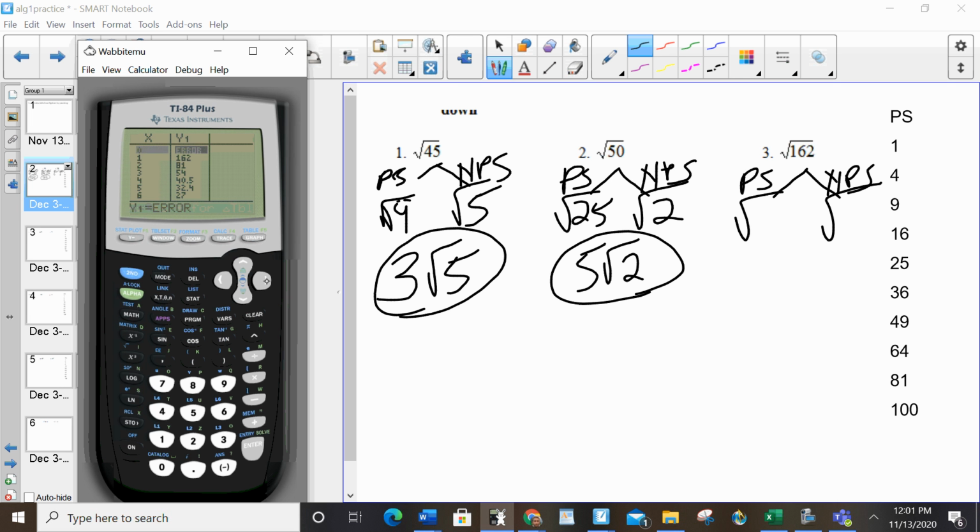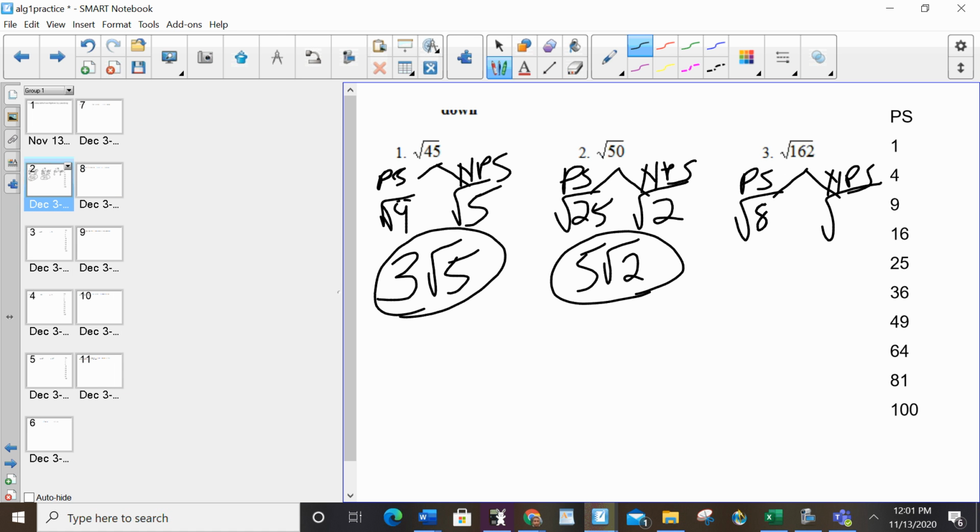Look at my table, look at my y1, 162 is not on my list, 81 is. 81 and 2, so the perfect square goes first, the non-perfect square goes last. Radical 81 is 9, the non-perfect square comes down. Now, radical 81 is 9, not radical 9. So I don't now make the 9 into a 3, because once I take the square root of something, the radical goes away. I'm done reducing that part of it.